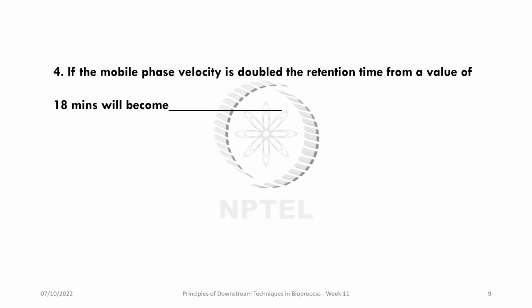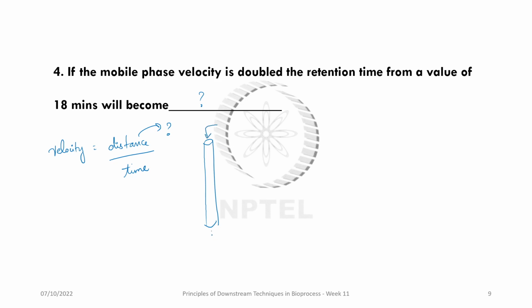Question 4. If the mobile phase velocity is doubled, the retention time from a value of 18 minutes will become what? It's a very simple question. You know that velocity is equal to distance by time. And here, what is the distance? The chromatographic column is the distance, right?